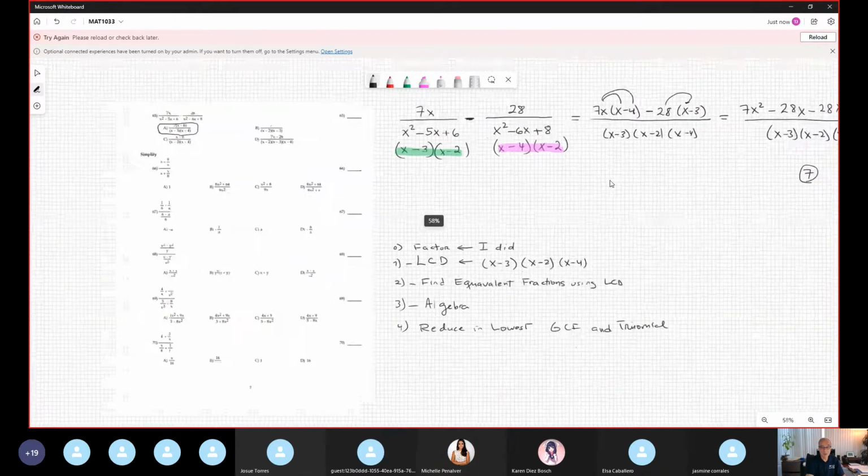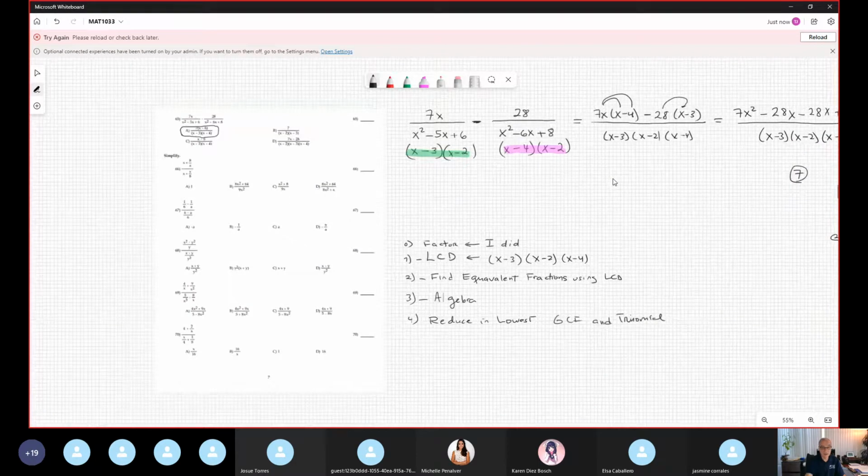Guys, this is the mental procedure to face any problem of fraction addition or subtraction. Multiplication and division is super easy. In multiplication and division, you don't need to find the common denominator. No. Okay.